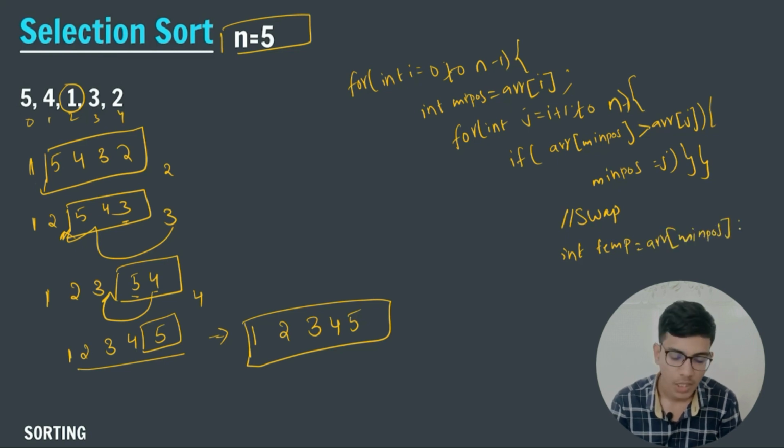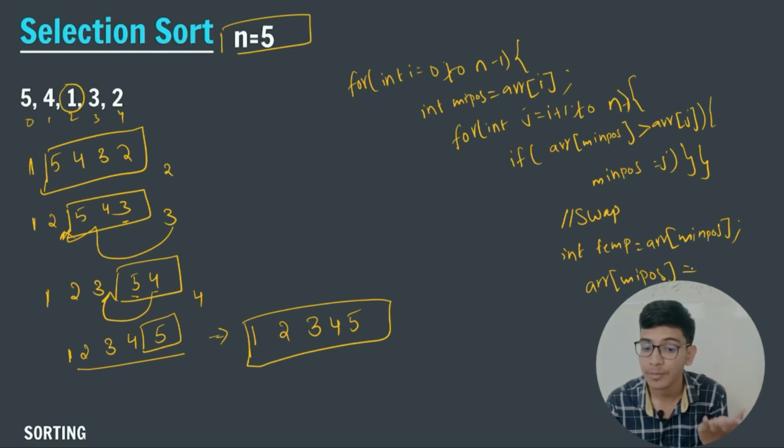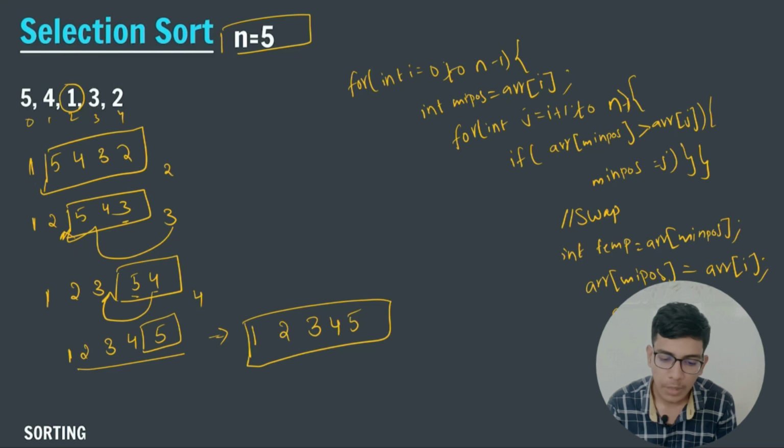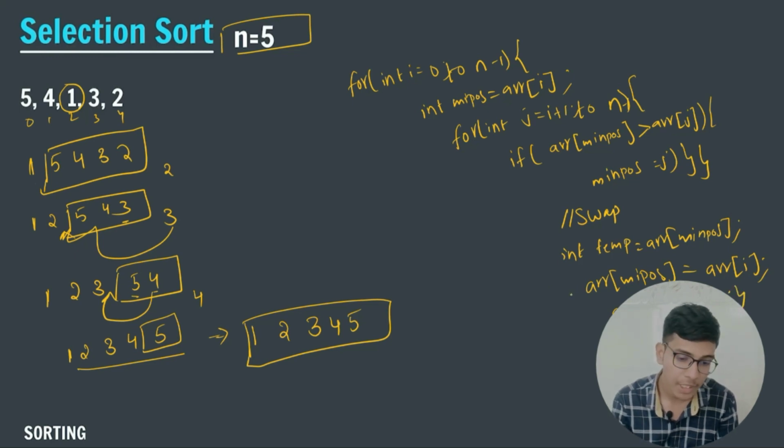After that, ARR of minimum position, I am replacing the value of the element present at the minimum position with ARR of i. After that, ARR of i will become the temporary variable. So I am exchanging the elements present at the minimum position and the ith index.